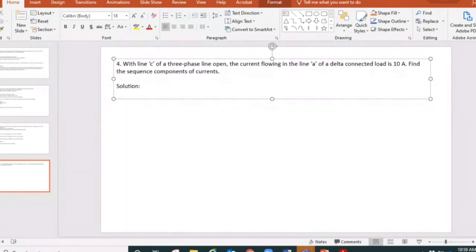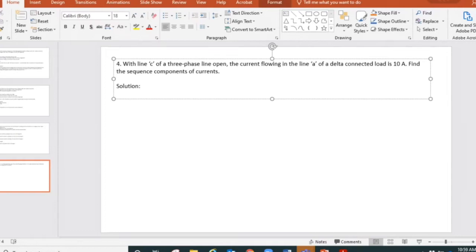Now when we come to the delta, we find that we also have a case where the line C is open and current flowing through the line A is given, whereas they don't talk about anything else, but they are still asking us to find out the sequence components of currents.